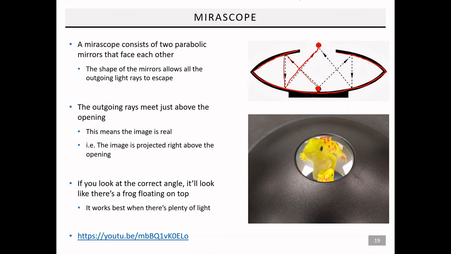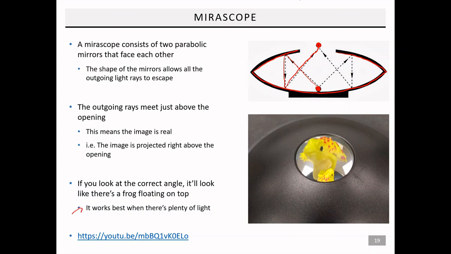If you then look at the miroscope at the correct angle, it'll almost look like there's a frog floating on top. It's sort of a holographic effect to make it look like there's a frog actually floating on top of the miroscope. If you do ever get the chance to see it, it does work best when there's plenty of light.